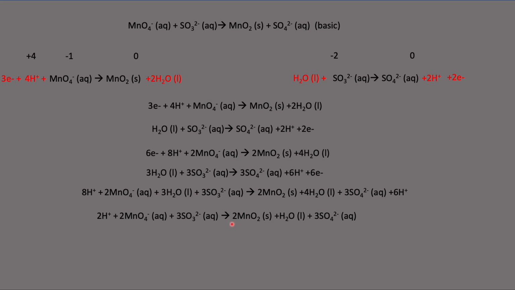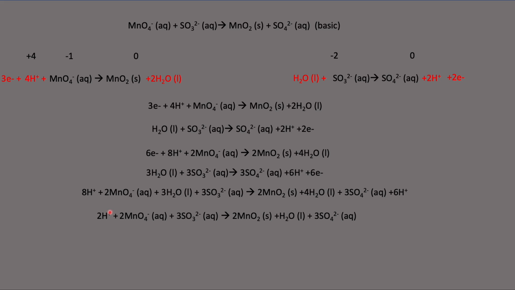So what we notice, I'm going a little bit faster, but before we start looking at this full reaction here, I want us to pay attention to the hydrogens, the H plus ions over here. So we have 6 here and 8 here. And actually we can cancel those out as well. So we can cancel the 8 with the 6. 8 minus 6 is going to give us 2.